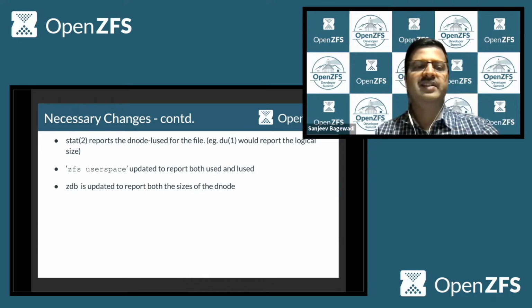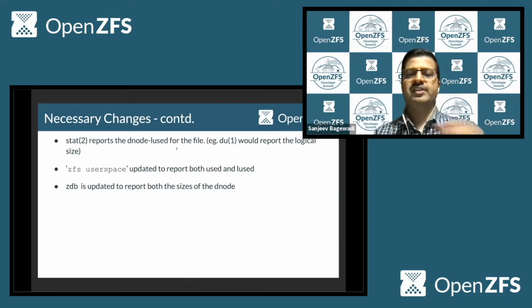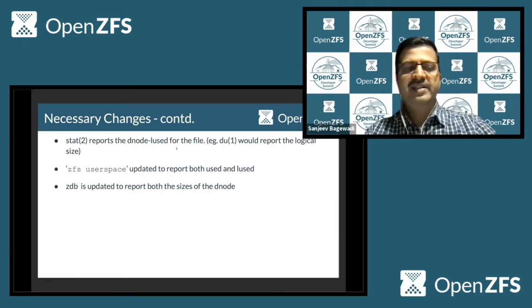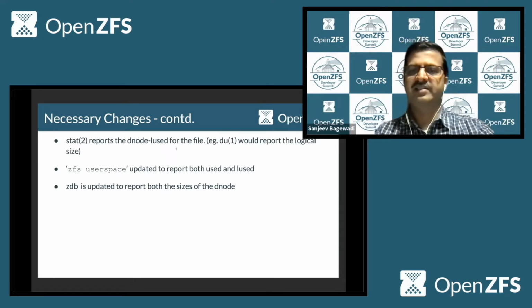That was one change, and then the other change is in the ZFS user space, where it reports both the used and the L used in there. I made a small change in ZDB so that it reports both the sizes, which is the L used of the D node. So those are the changes that we made.